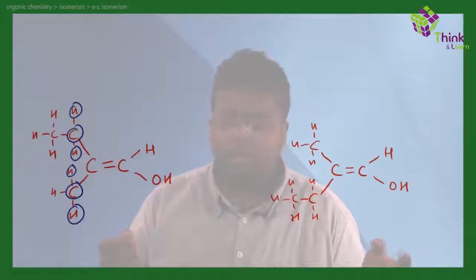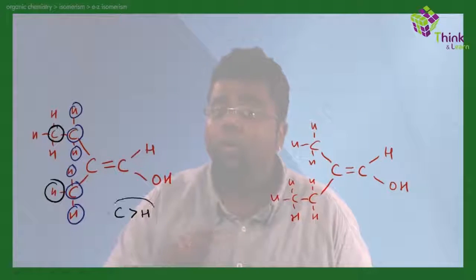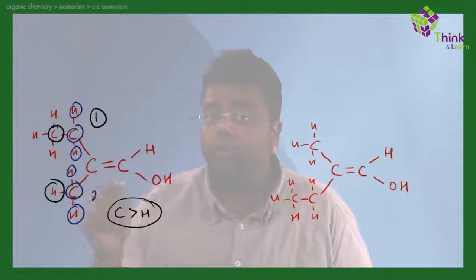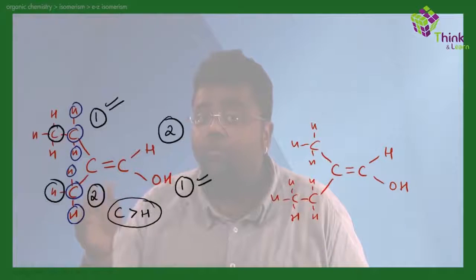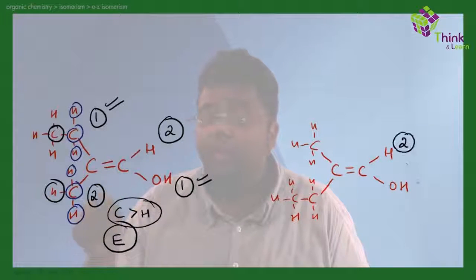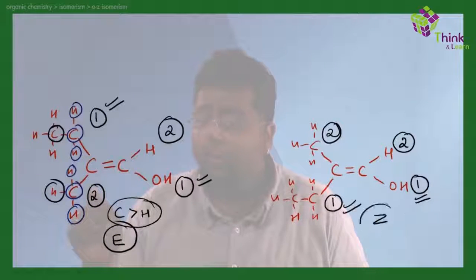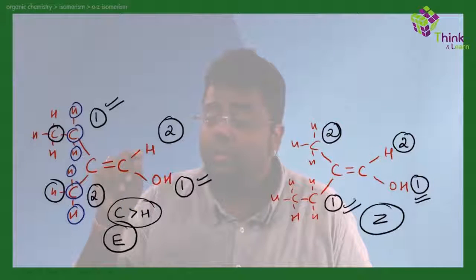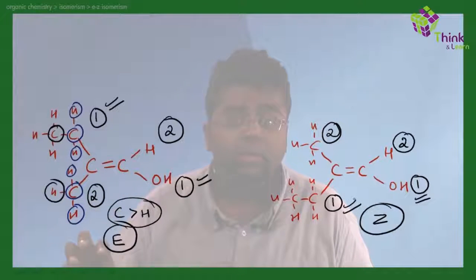Now if I take one compound which has a group, how do I know that out of the two, which one has a higher priority? So I'll start comparing from inside out. And when I do that, I find out that over here there is a difference, because this particular point has carbon, and over here it has hydrogen.